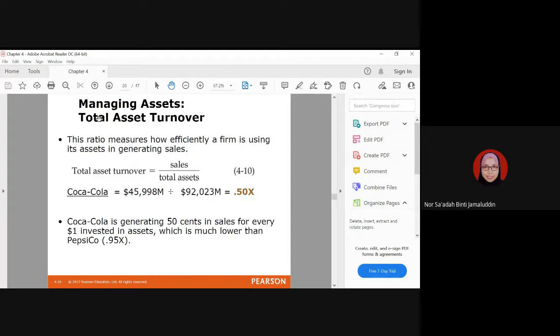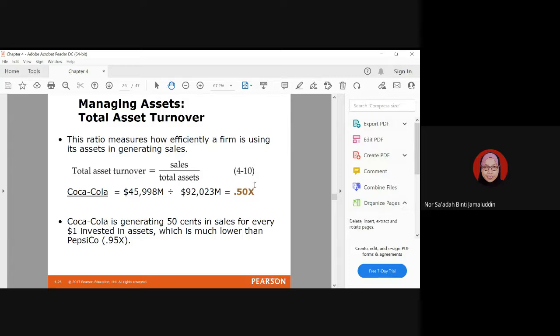Okay, this is managing other ratios. For managing assets, in terms of calculating the profitability of assets, it is total asset turnover. This ratio measures how efficiently a firm is using its assets in generating sales. To what extent is our company efficient in generating a lot of sales from the total assets it has?